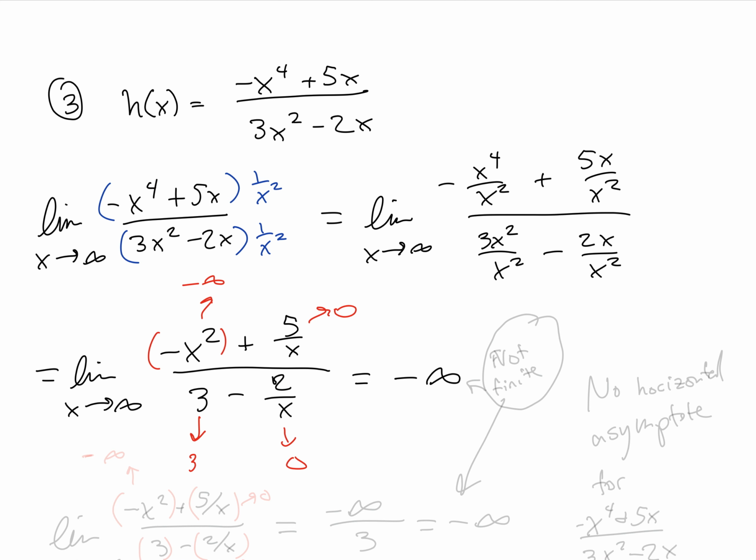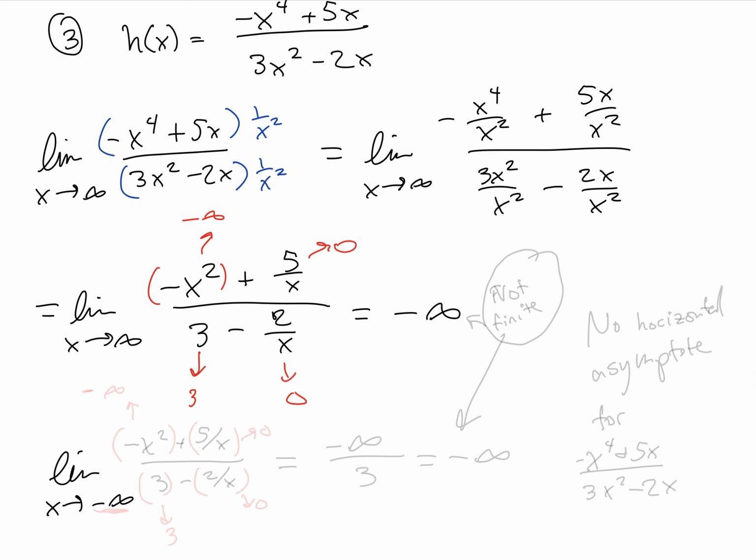We could also look at what happens as x approaches negative infinity. So the same reductions that we did, the algebra we did, is still valid. So this would reduce to negative x squared plus 5 over x divided by 3 minus 2 over x. And as x approaches negative infinity, well, this is still going towards 0, this is still going towards 0, this is still going towards 3, and we've got negative x squared.